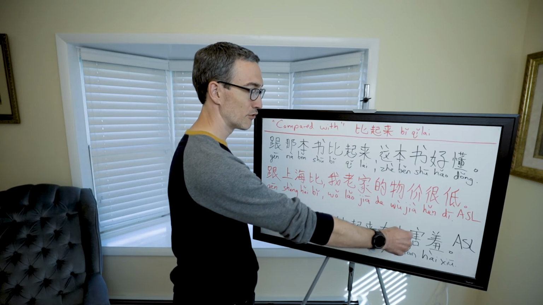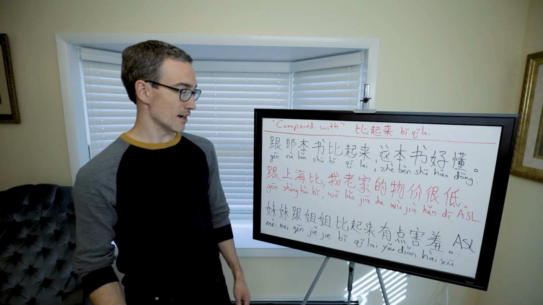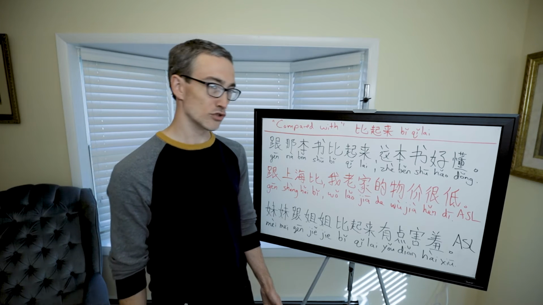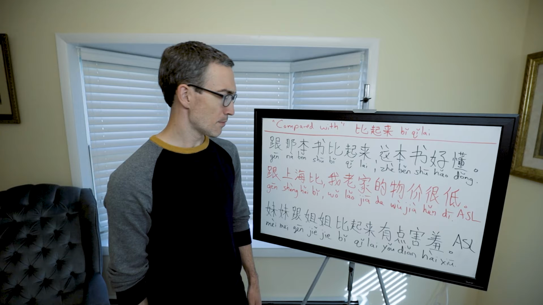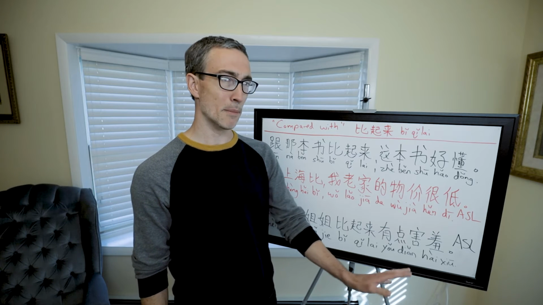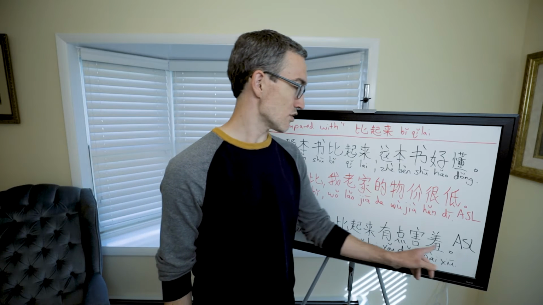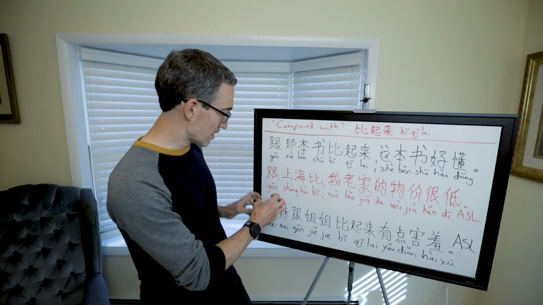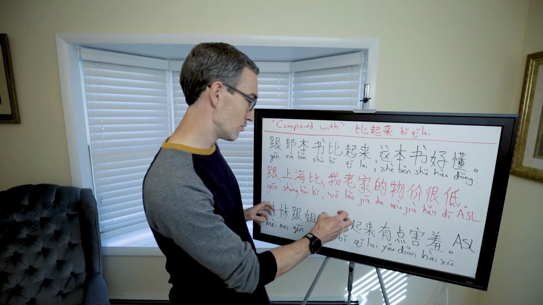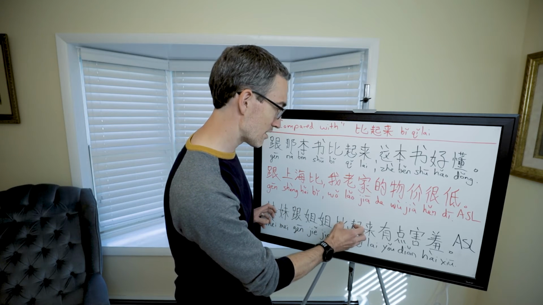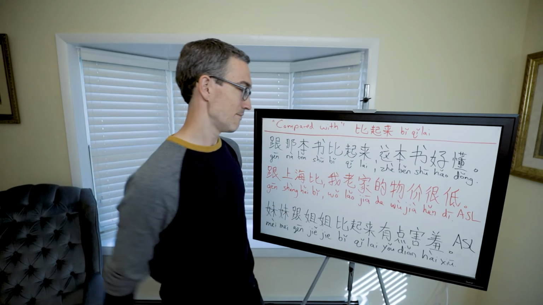Remember 有点 before an adjective means a bit, or sometimes a little too. But here we're not saying a little too, we're just saying a bit. 妹妹跟姐姐比起来有点害羞. So the little sister, compared to the big sister, is a bit shy.